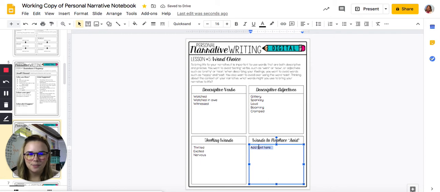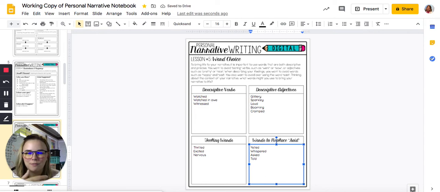I'm going to think about my story and how I would have said things. Since it was so loud, I might have yelled. Or since she was very close to me, I may have whispered. Maybe she asked a question. Maybe I told her something. There are a bunch of different words that we can use.